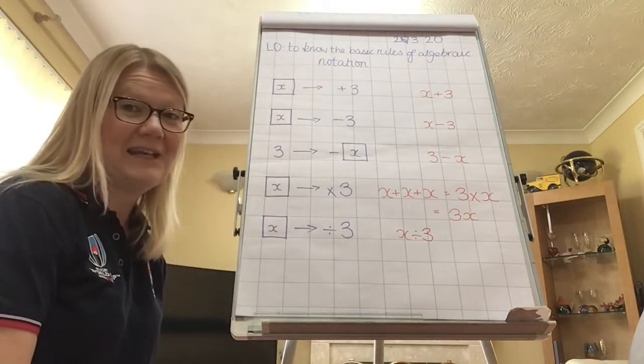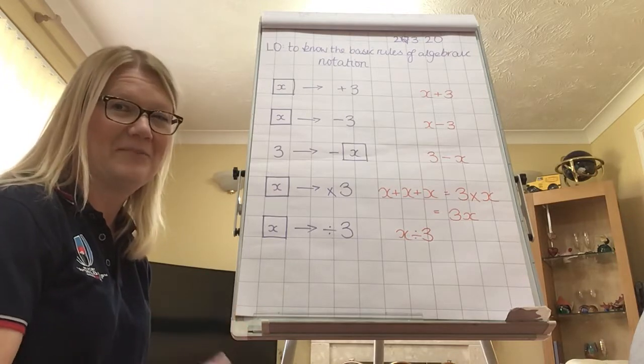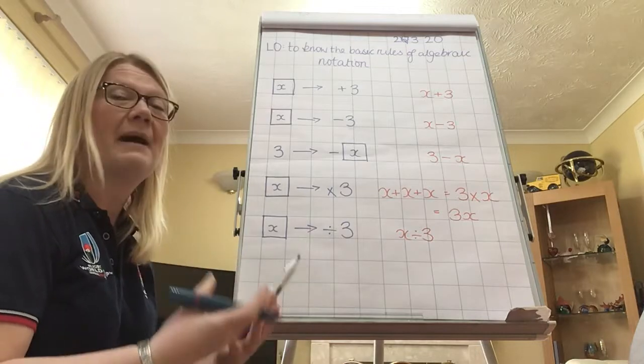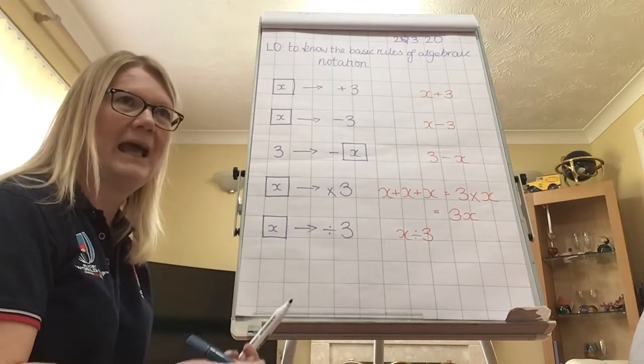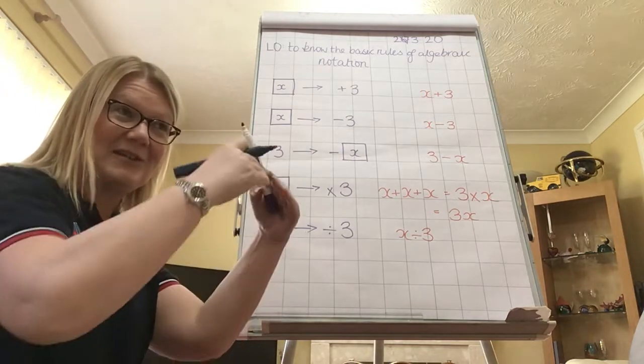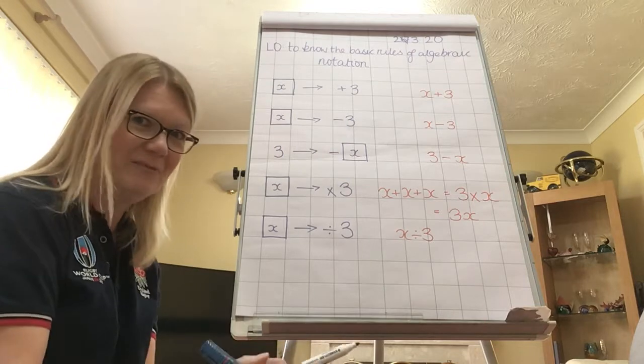But again, there's another neat little trick when we're working with letters representing numbers in algebra. Think about fractions. Think about the meaning of a fraction. It can mean divided by. It looks like the division sign. It's got a line and it's got numbers above and below. We've talked about that one before.